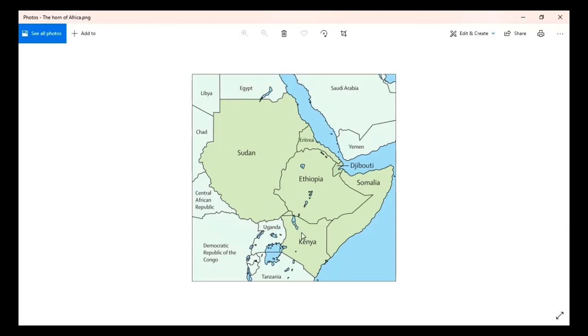And another description is northwest of the Indian Ocean. The Indian Ocean is around here, so Ethiopia is found northwest of Indian Ocean.